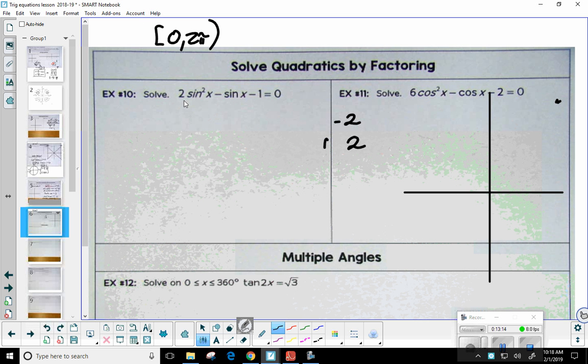All right. So I got the 1 and 2, but the only question is which one has the negative? It would have to be the 2 because we need a negative 1 here in the linear term.